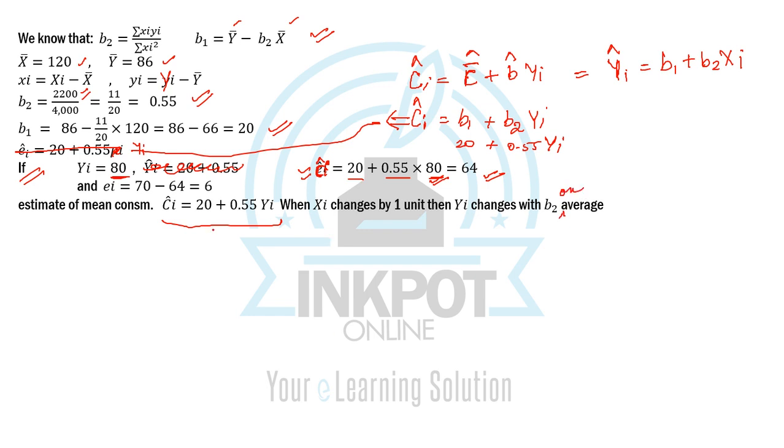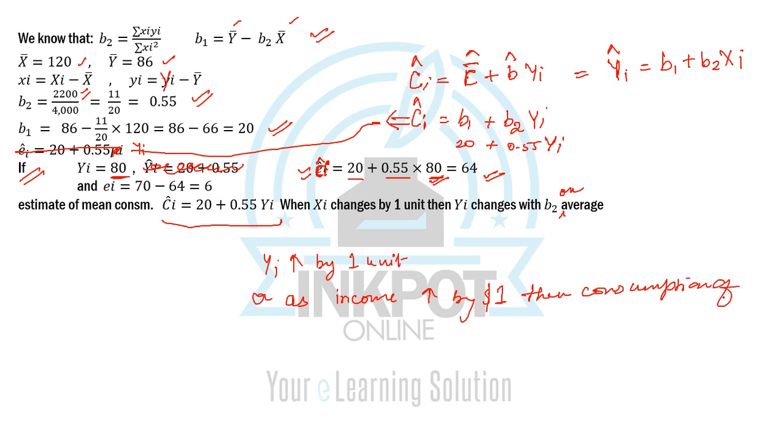So the interpretation of this b2 is: as income increases by 1 rupee or dollar or anything, I am assuming dollar, so by $1, then consumption will also increase.